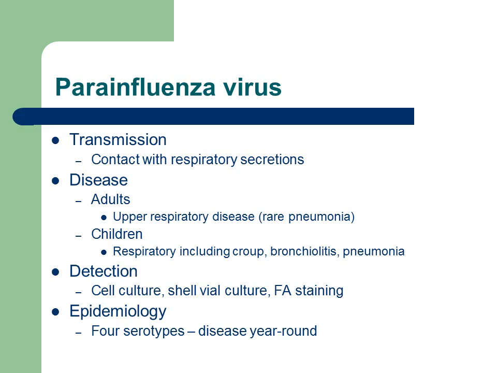Detection is by cell culture, shell vial, and fluorescent antibody. And there are 4 serotypes. You can get disease all year around with these 4 different serotypes.